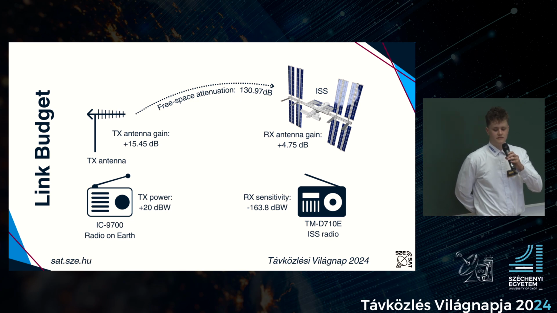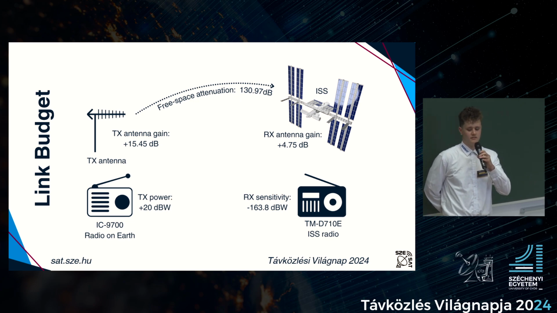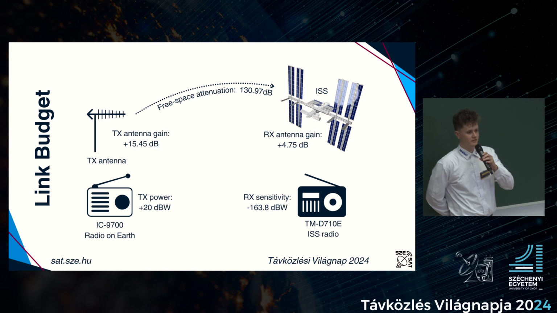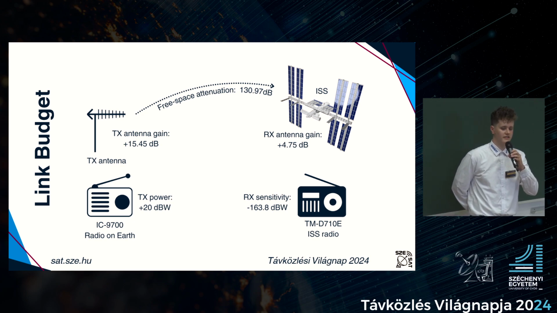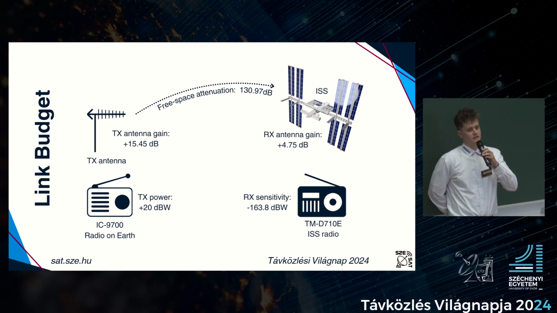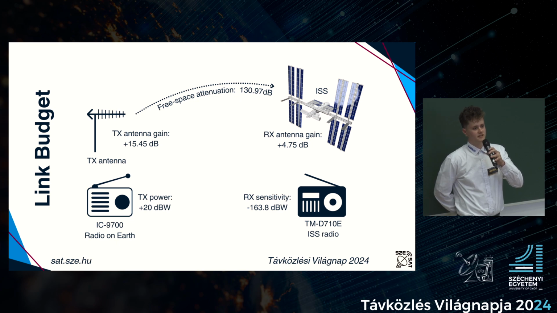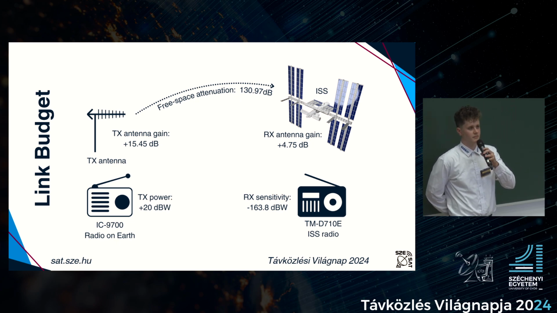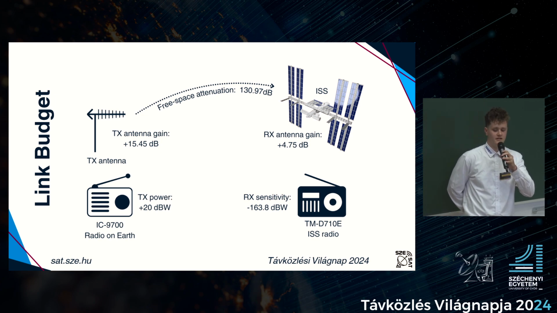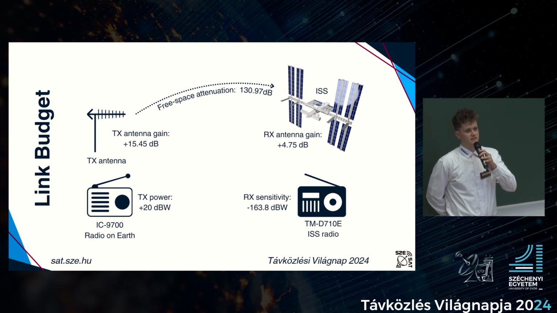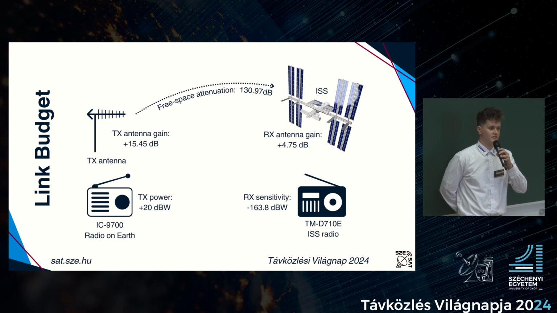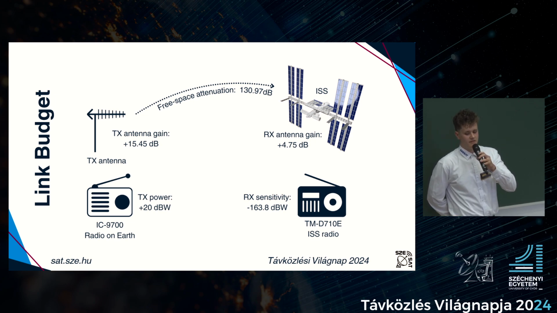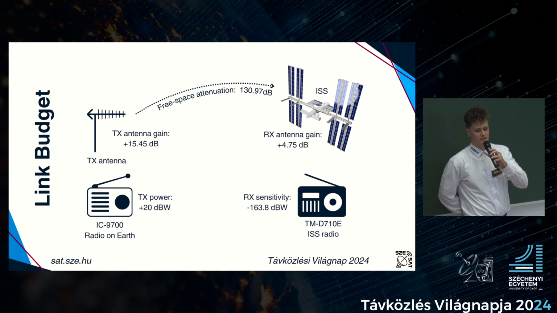As you can see, we have our transmitting power of 2 decibel watts from our IC-9700 radio, and this signal is sent with our transceiver antenna, which has a gain of 15.45 decibels. Of course, this link is worsened by the free space attenuation, with a value of 130.97 decibels.